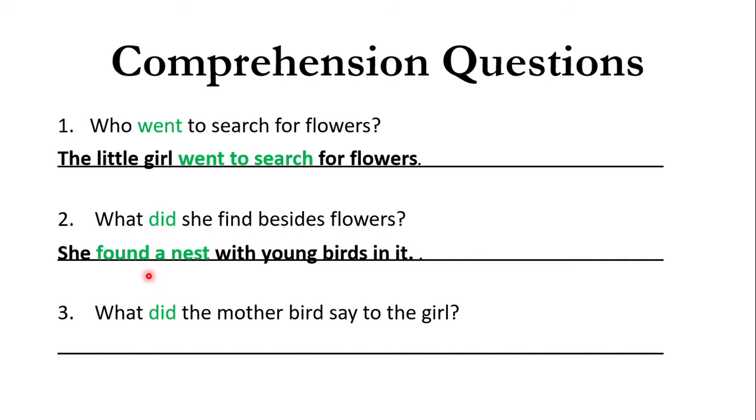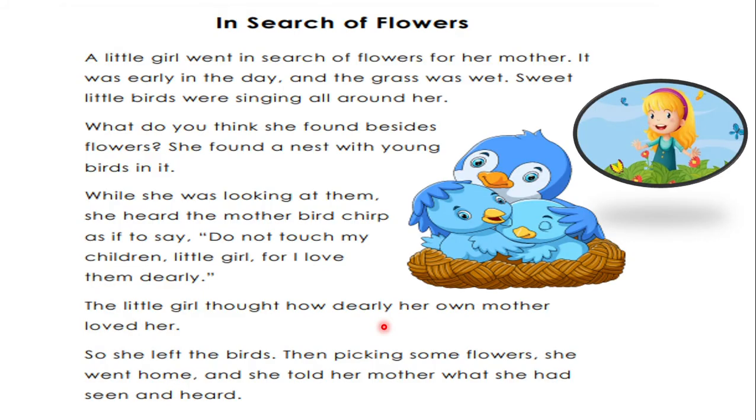Number 3, what did the mother bird say to the girl? What did she say, the mother bird? Do you remember? Do not touch my children, little girl, for I love them dearly. This is what the mother bird said.